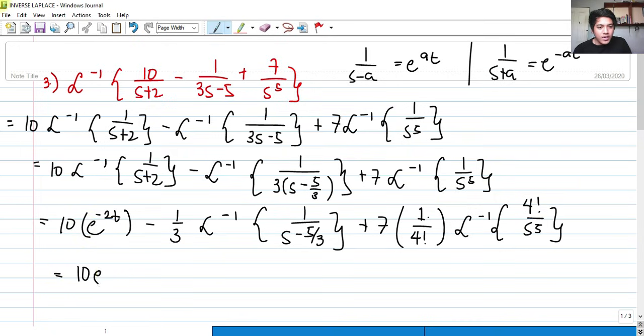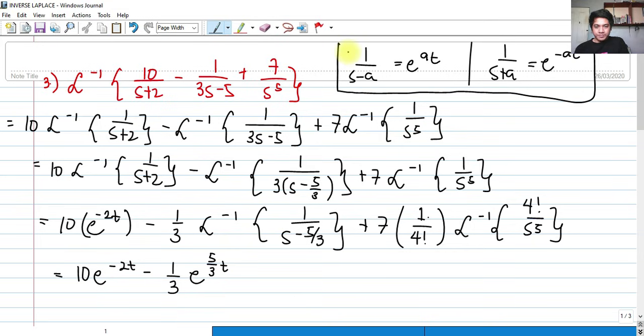So we have 10 e raised to negative 2t, and then we have minus 1/3. Since this is 1 over s minus 5/3, that is e raised to 5/3 t. The sign in the denominator is minus, so it is plus in the exponent based on our table of Laplace.